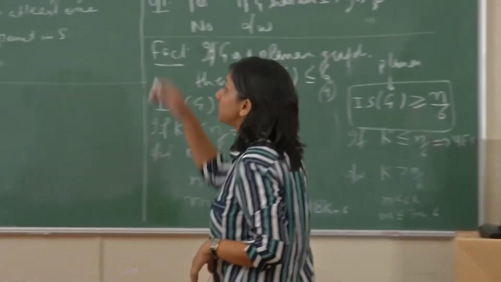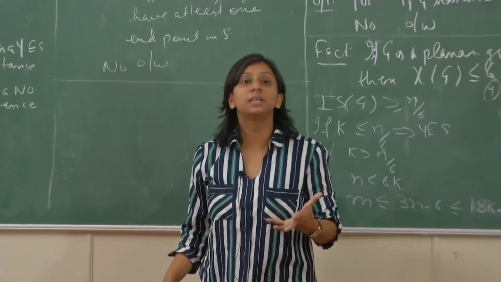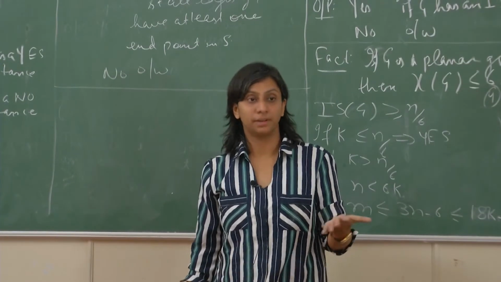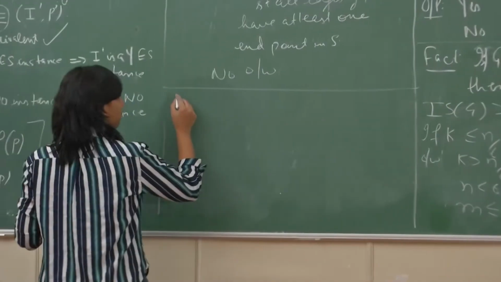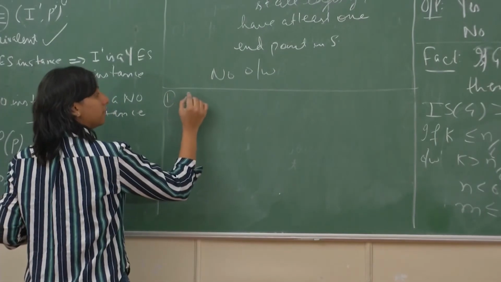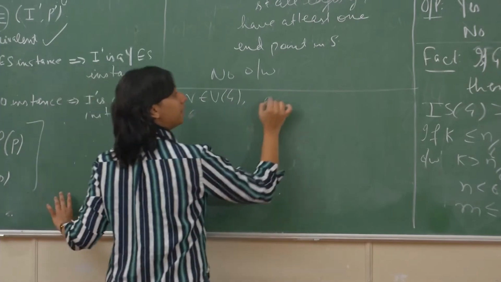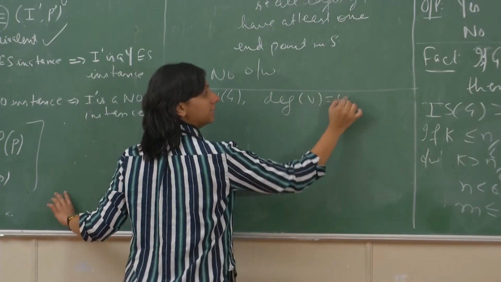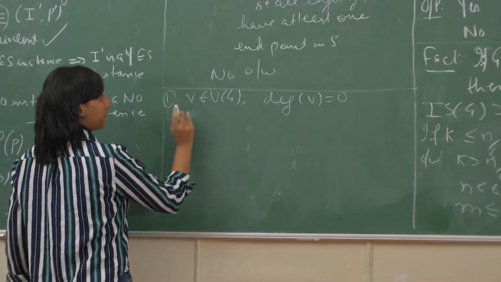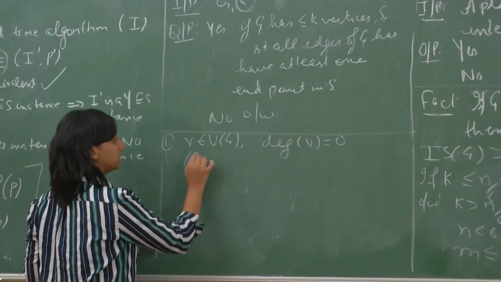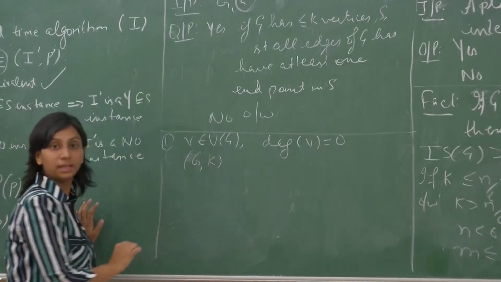So definitely, as we saw in the morning, if there are any isolated vertices in the graph, we can definitely delete them, right? Or in other words, suppose v is a vertex in the graph such that degree of v is 0. So that means it's an isolated vertex in the graph. Then my claim is, what does an instance of vertex cover look like? It's of the form (G, k).